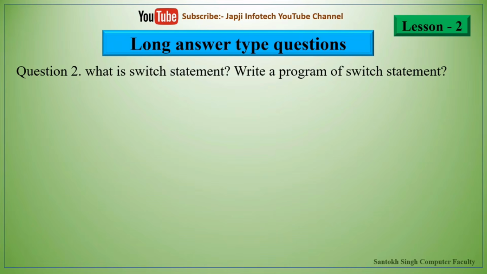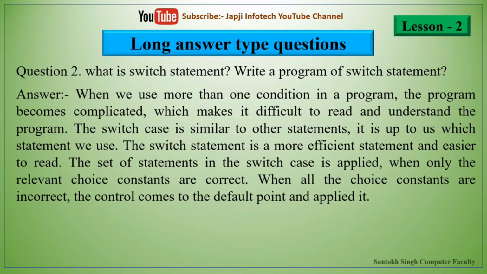So next question is, what is switch statement? Write a program of switch statement. When we use more than one condition in a program, the program becomes complicated, which makes it difficult to read and understand. The switch case is similar to other statements. It is up to us which statement we use. The switch statement is a more efficient statement and easier to read. The set of statements in the switch case is applied only when the relevant choice constant is correct.